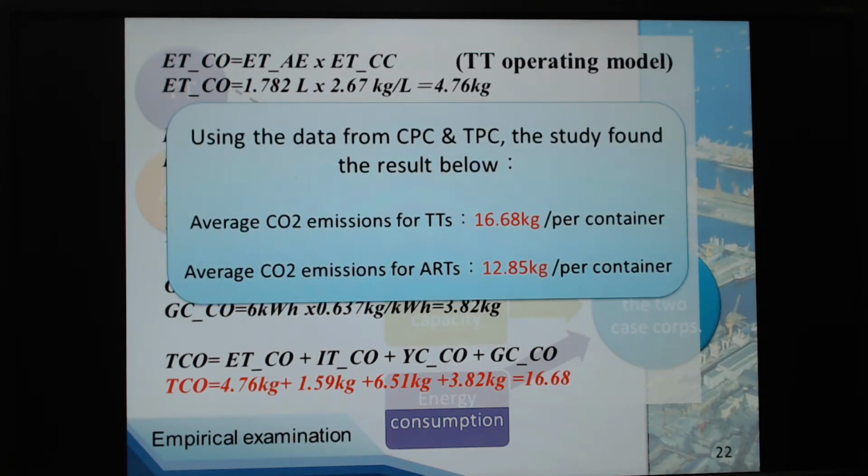So we find out the average CO2 emission for TT is 16.68 kg per container. How about ART? It is 12.85 kg per container.